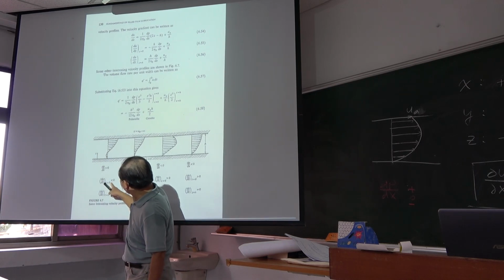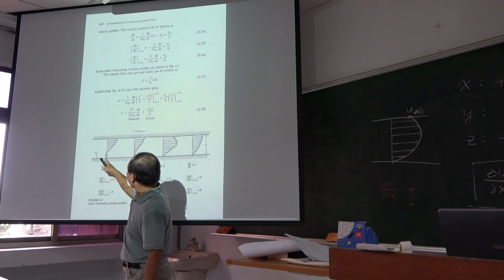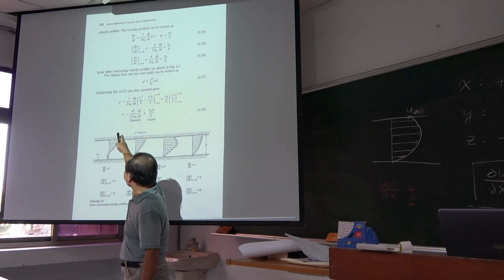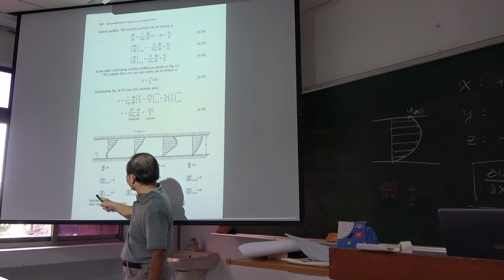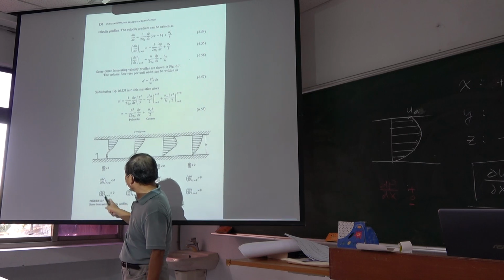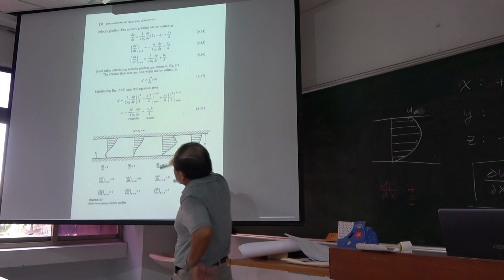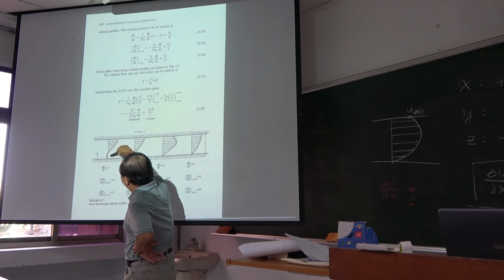So if you evaluate the slope at the low one, we have a negative value. But in the upper one, the slope is a positive value, meaning the value at the upper one is larger than 0. So this is the backflow.